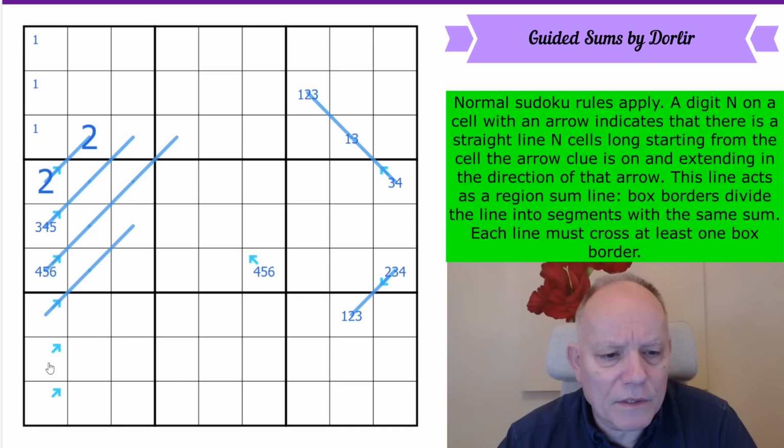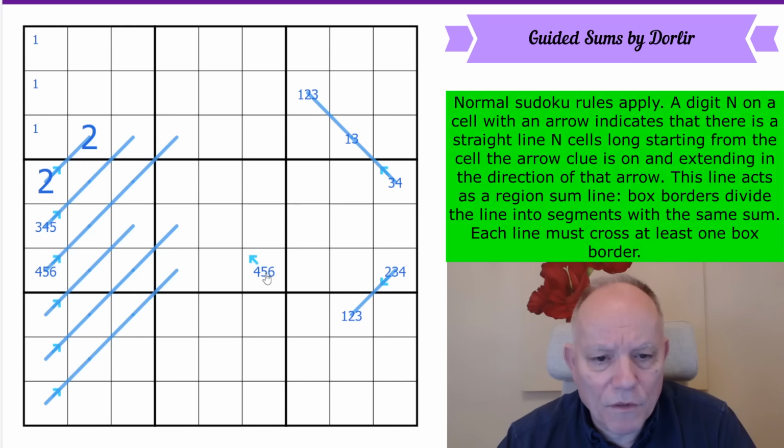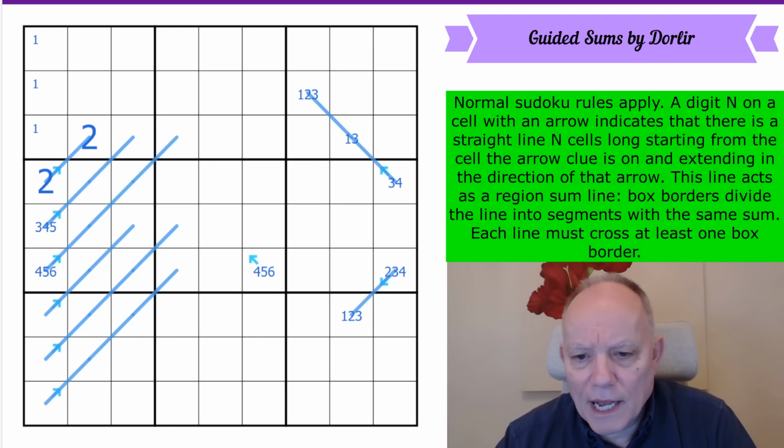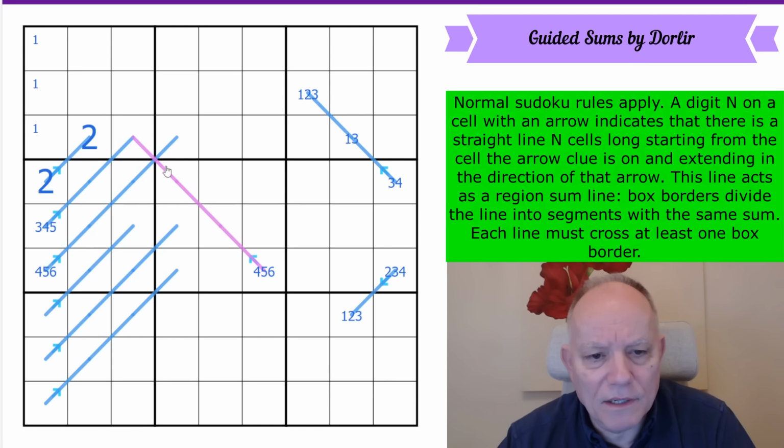I see. So lots of these cells in box 4 are covered. No, that was too far. It could be that length. So those are the minimum. Oh, I've got this one as well. Let's go with a different color as we go northwest. These are minimum lengths.